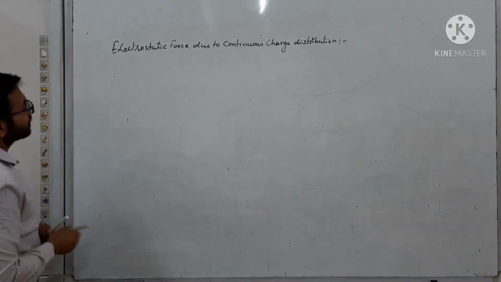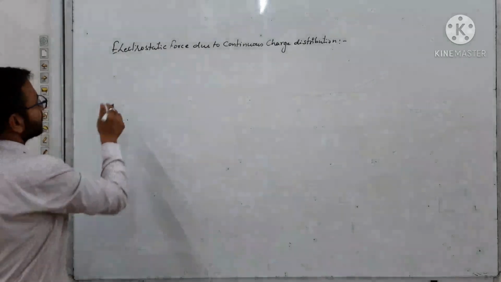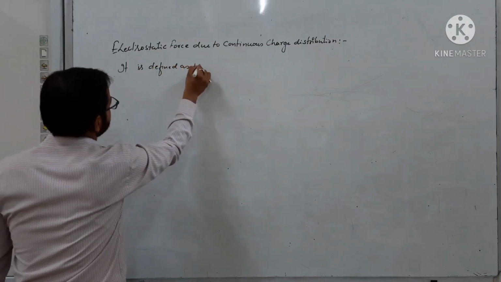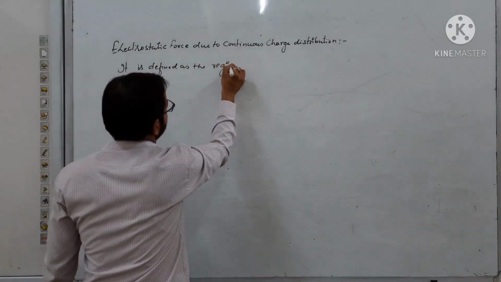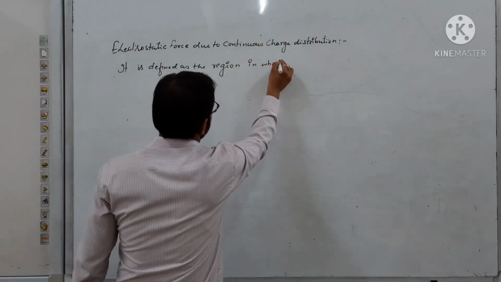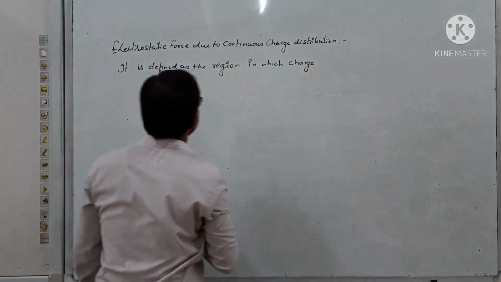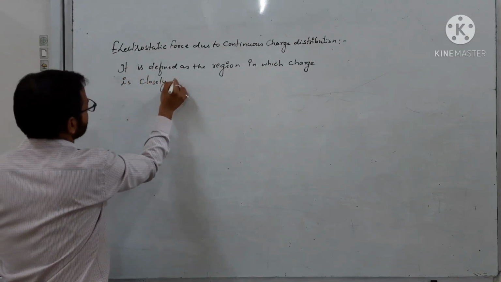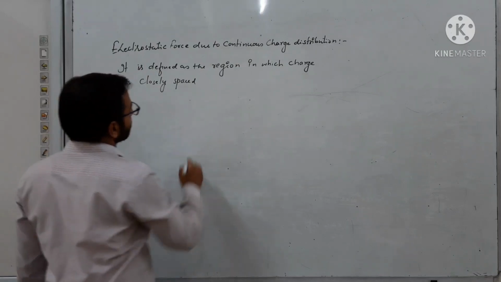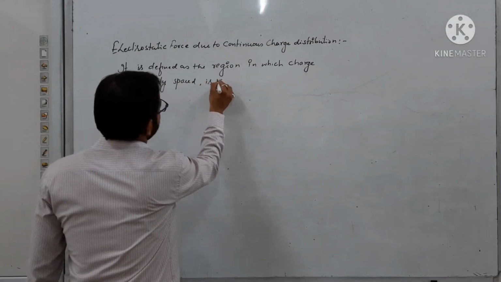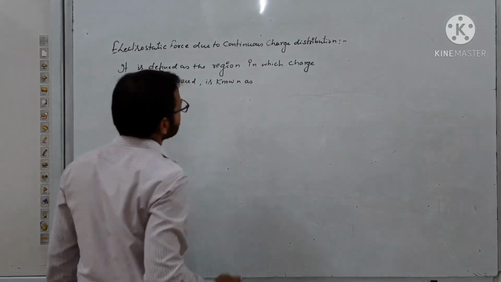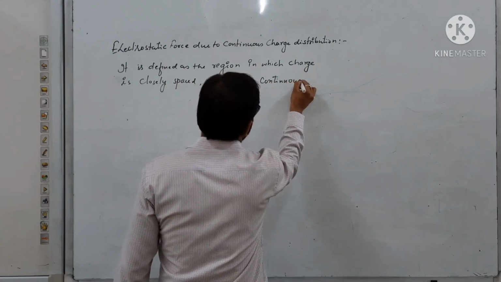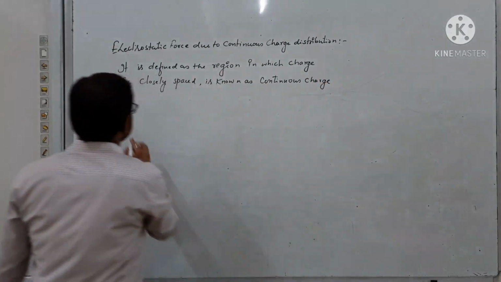Continuous charge distribution means, we can say, it is defined as the region in which charge is closely spaced, is known as continuous charge distribution.